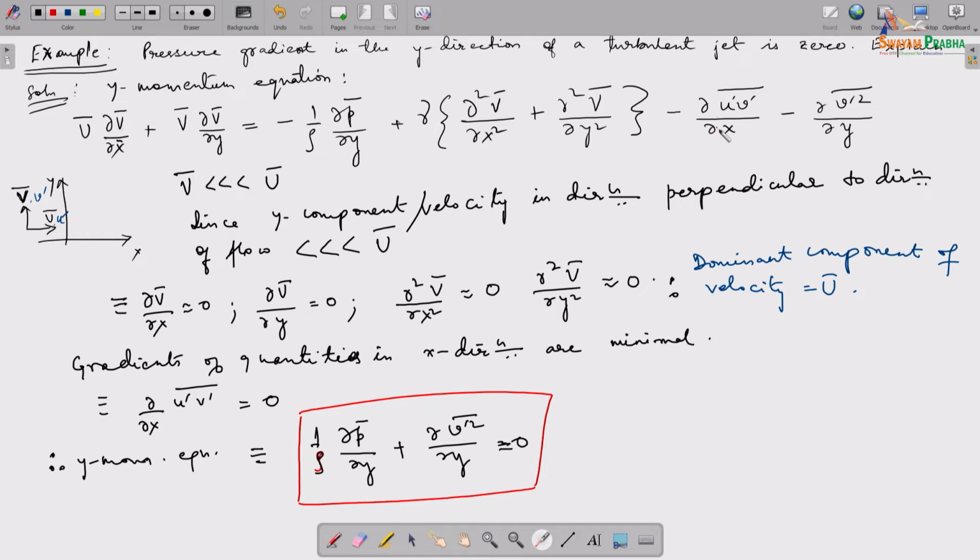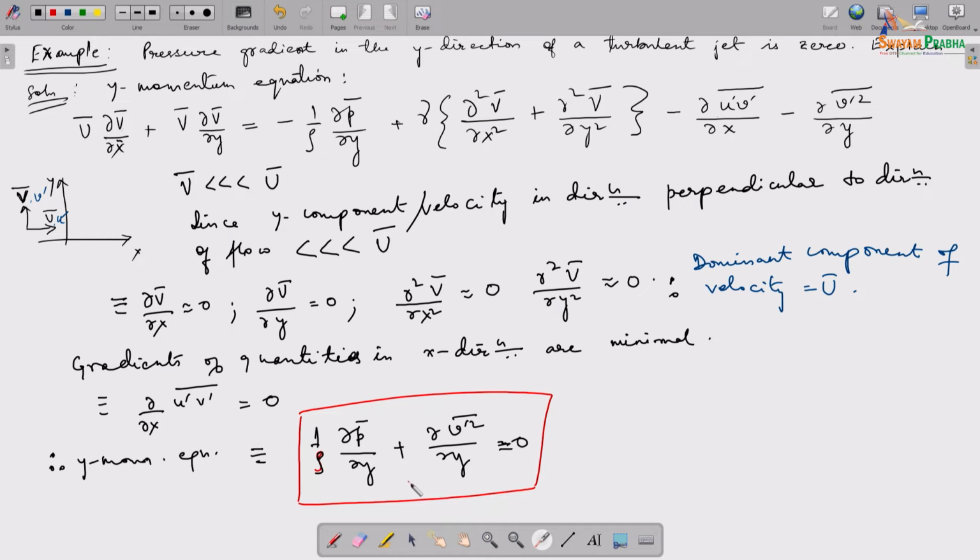It varies along the y, but not along the x-axis, and hence we take that out. So essentially these terms cancel. What is left is this one and the last term, and then we get this. This is the equation we get.